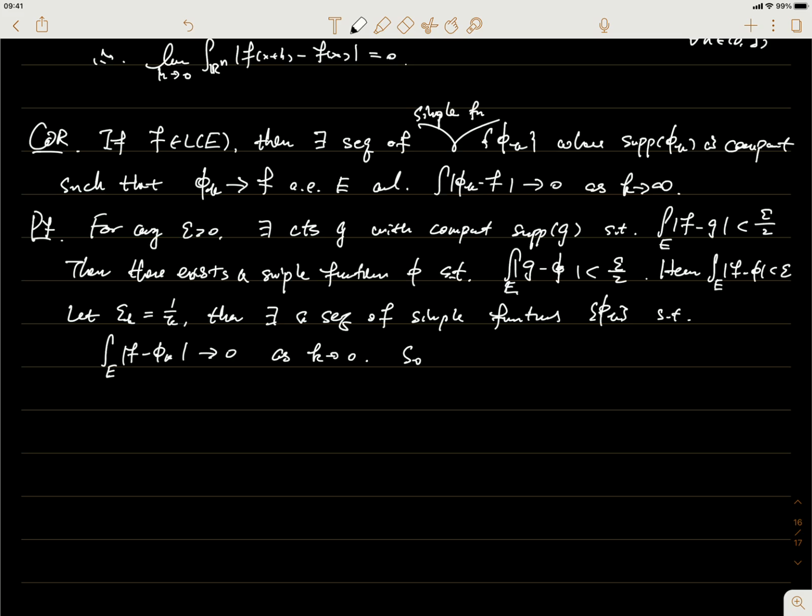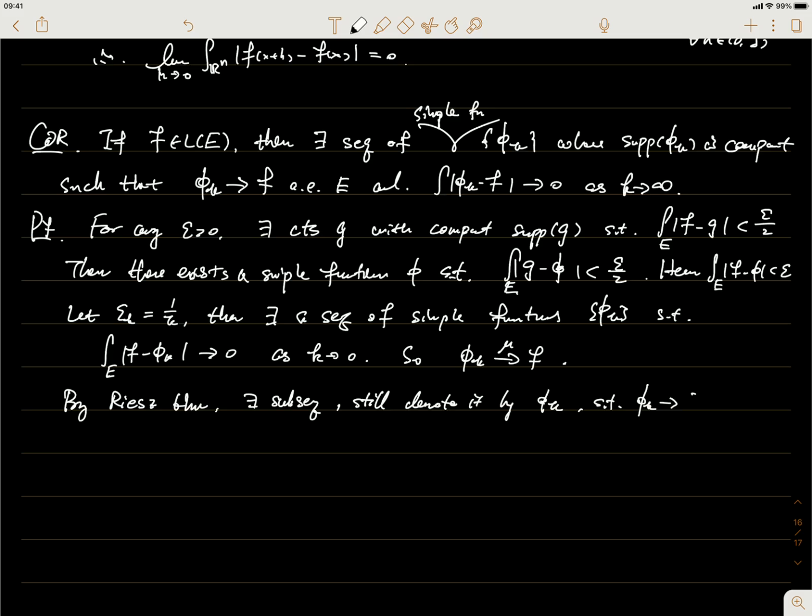So phi k goes to f in measure, and because of that, by the Riesz theorem, there exists a subsequence, which we still denote by phi k, such that phi k goes to f almost everywhere.